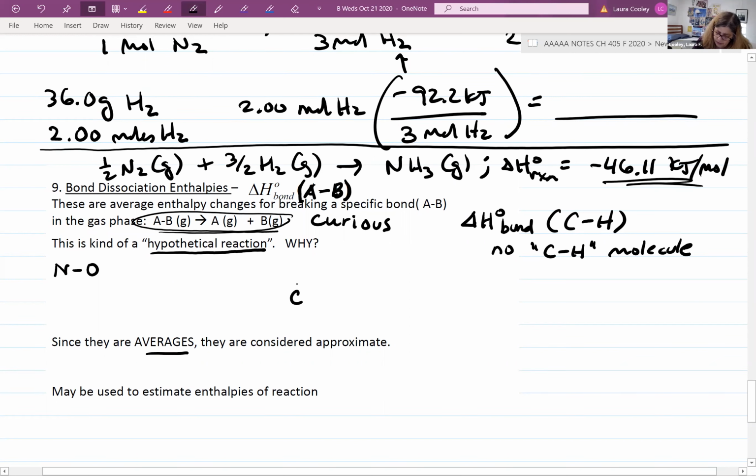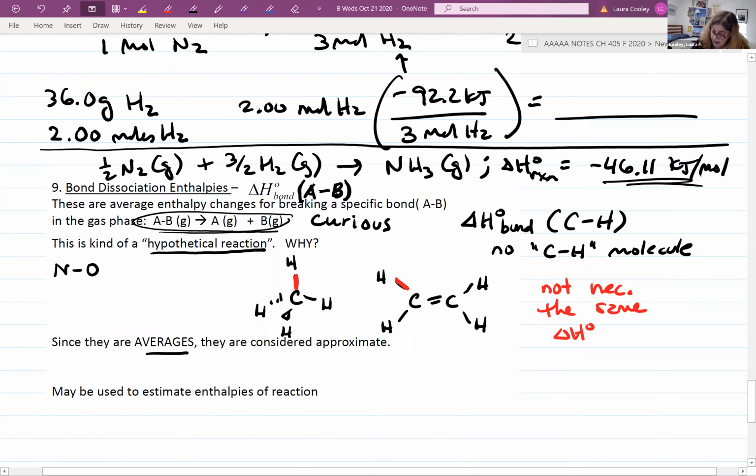So for example, if you had a CH bond, it would include bond enthalpies of different kinds of CH bonds, like this one and this one. These are not necessarily the same. In fact, they would definitely be a little bit different.